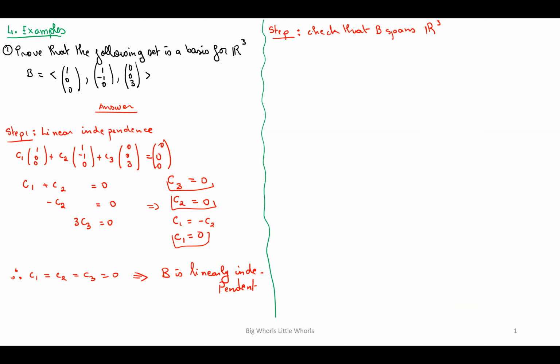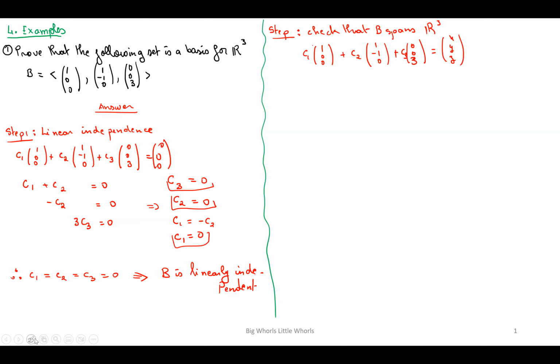Okay, so let's write it down. So we have C1 (1, 0, 0). We want to find those C's. Okay, that can help us to write the linear combination of the vectors in B. Plus C2 (1, -1, 0) plus C3 (0, 0, 3) equals (x, y, z).